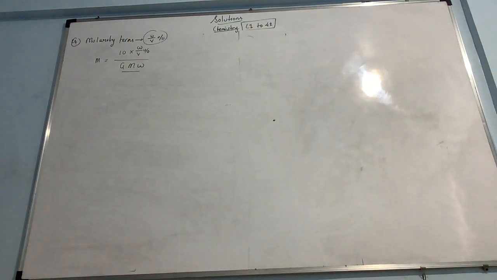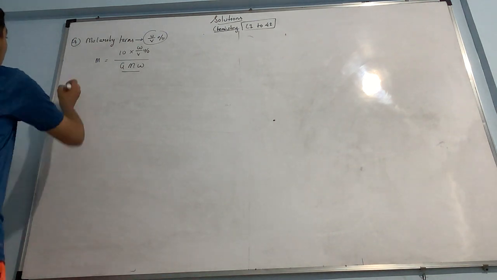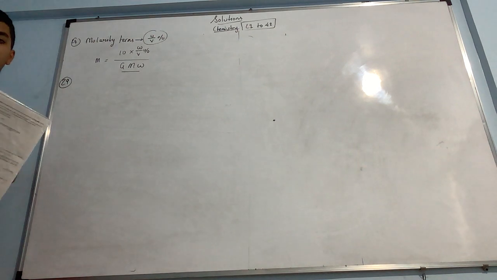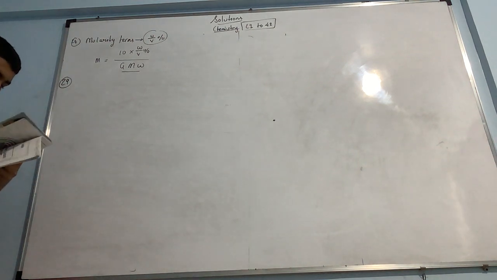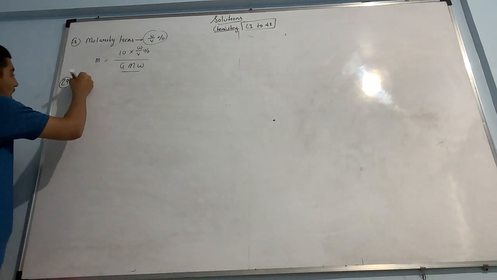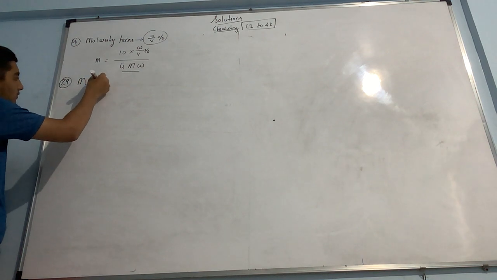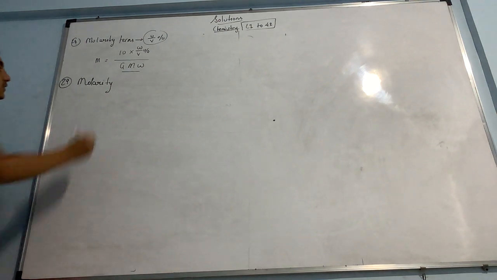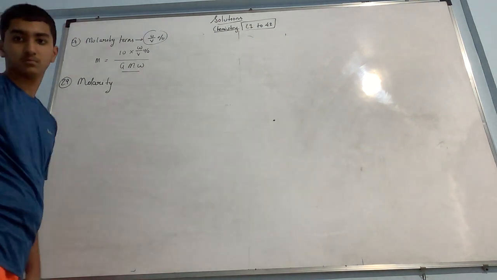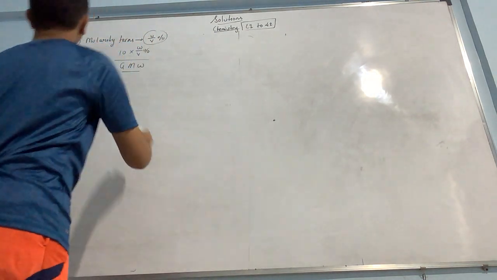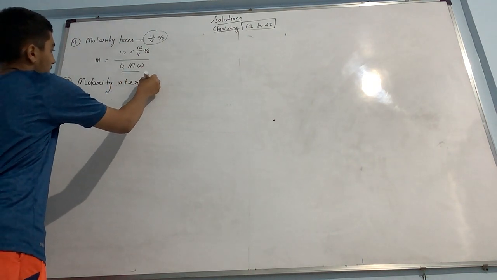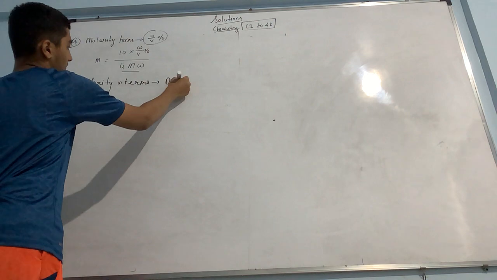We'll move to the next point, which is the 29th point. The 29th point says molarity in terms of density.